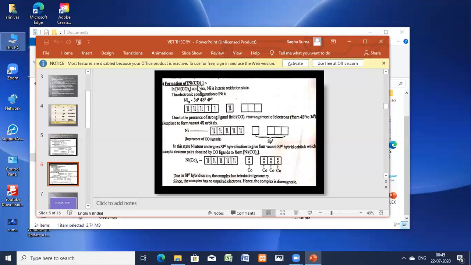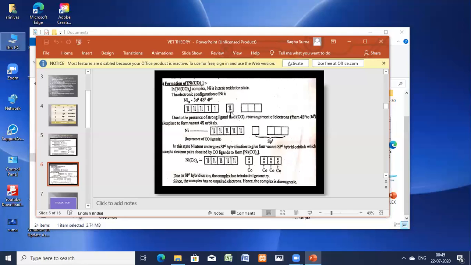Previously, I explained chloride as a weak field. This is a strong field, like carbon monoxide is a strong ligand. As the strong ligand comes, what happens? These electrons get paired up here.